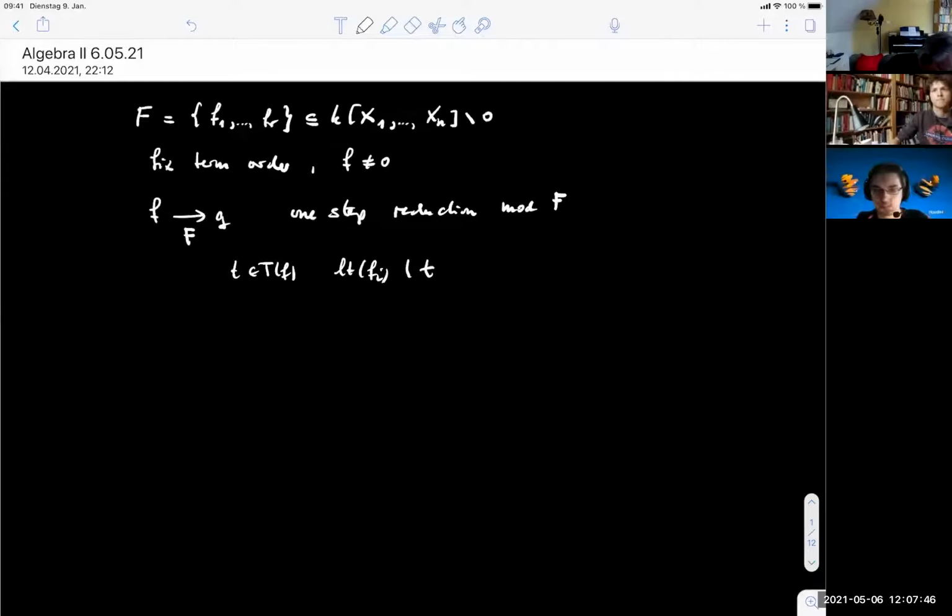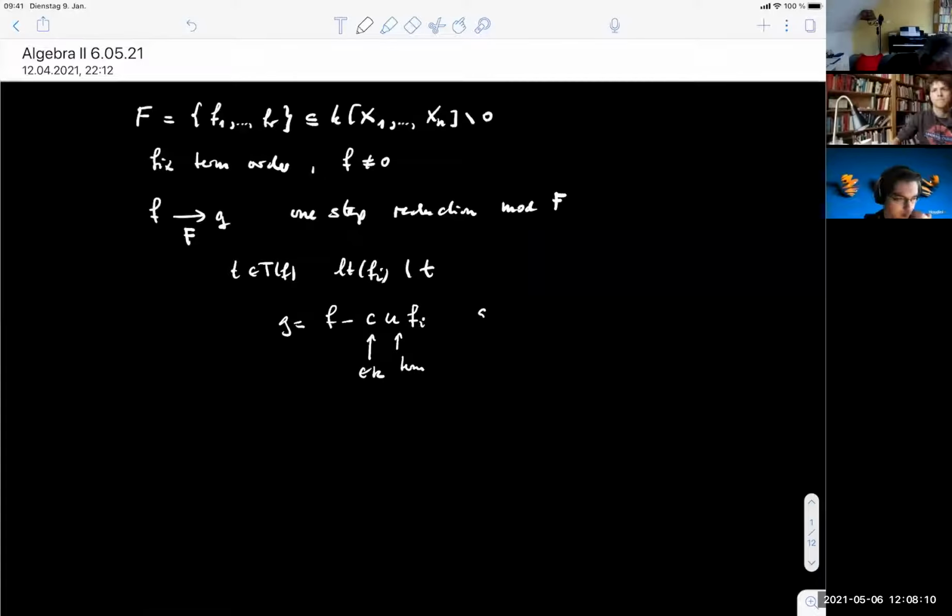So what I create is something like: fi, I multiply it with some term u, and then maybe I have some coefficient, and I form this.